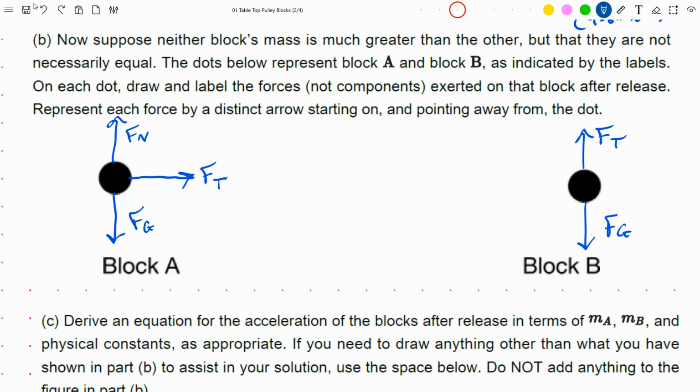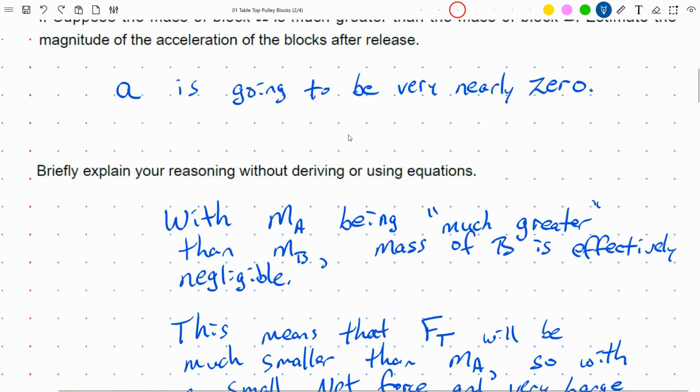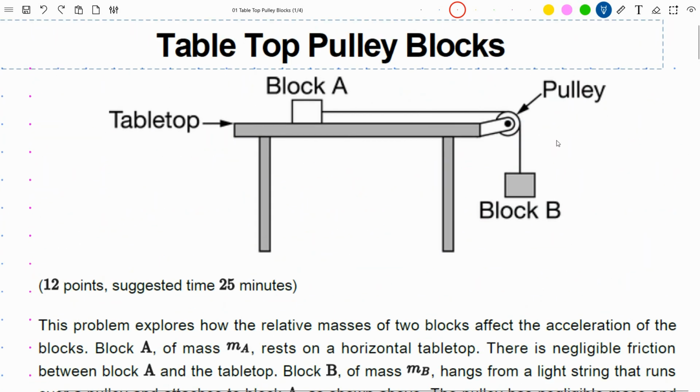Okay, so they want me to now derive an expression for the acceleration of these two blocks. Now, there's more than one way to do this. One really nice way would be to treat them as a single system, and that single system has a combined mass of MA plus MB, and effectively the net force is the weight of block B. I would consider that to be a bit of a shortcut.